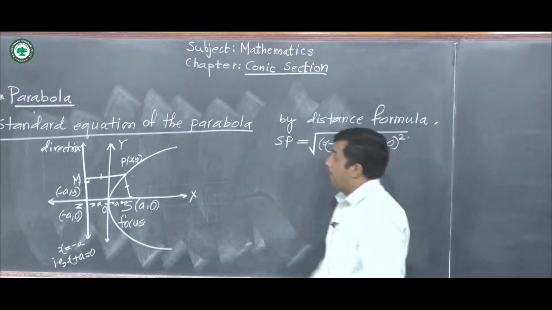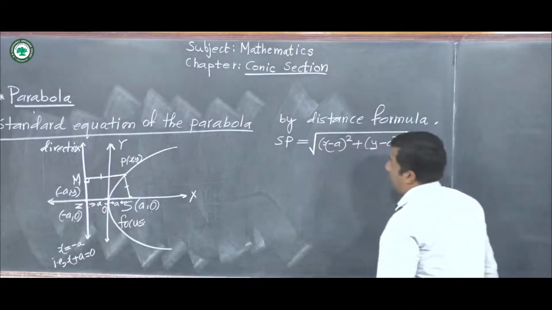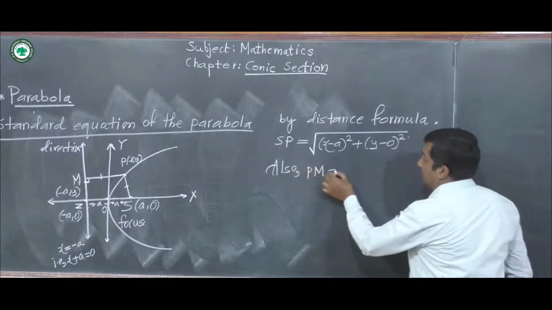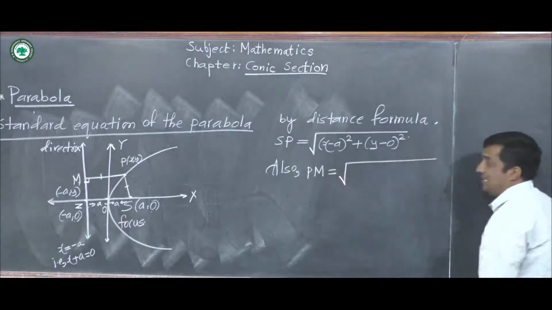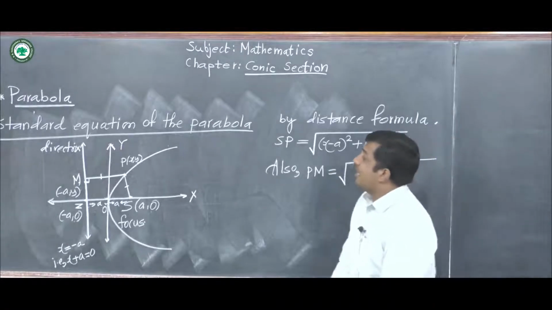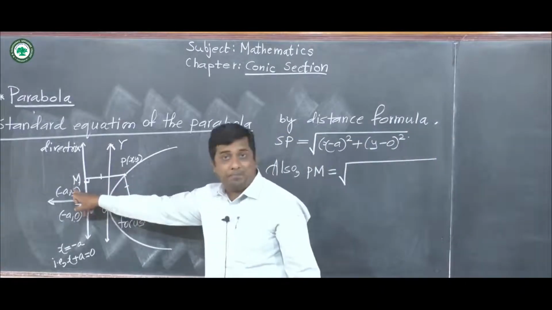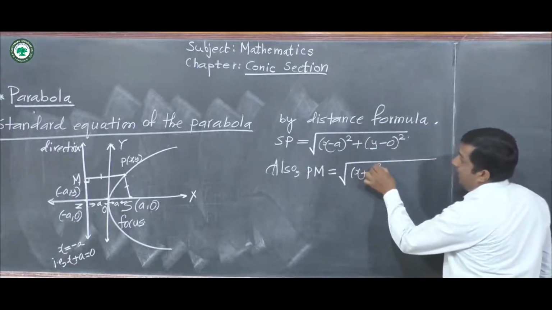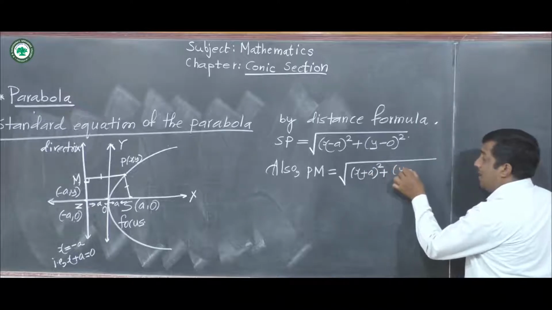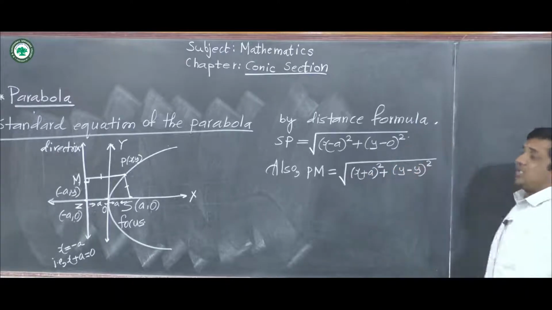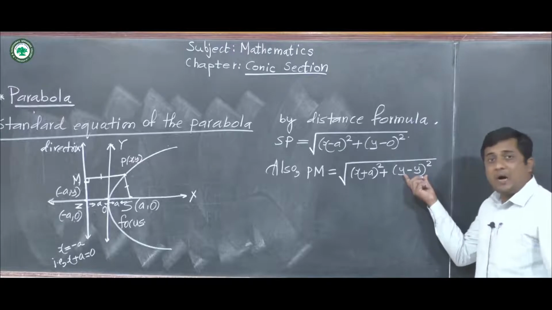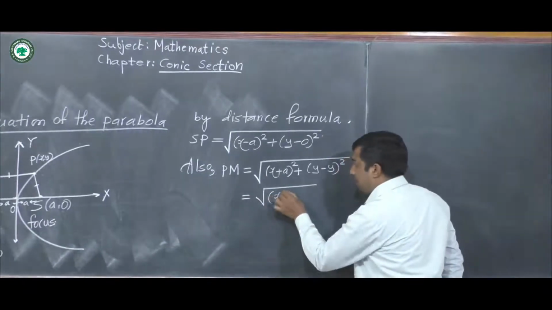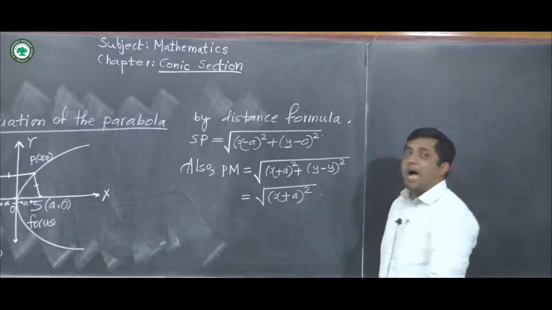Similarly for PM we use the distance formula: the square root of (x + a) squared plus (y - y) squared. We know y - y is always 0, so we get only (x + a) squared.